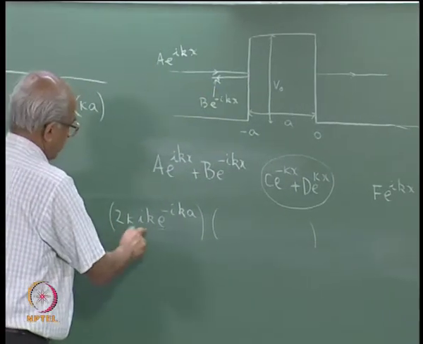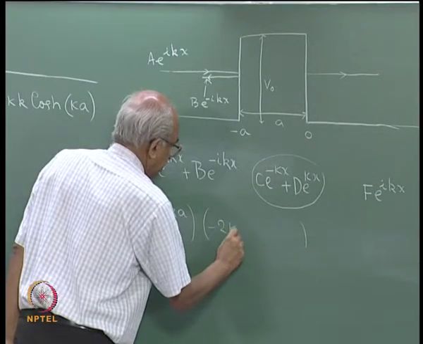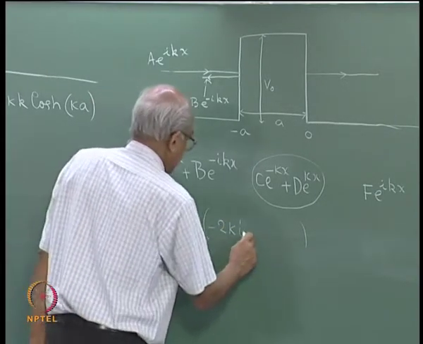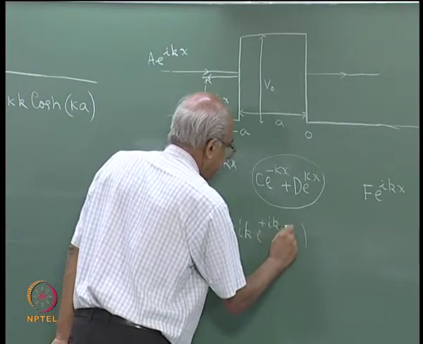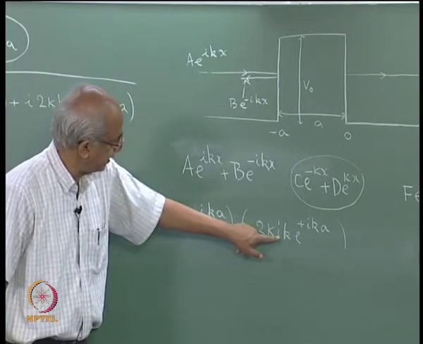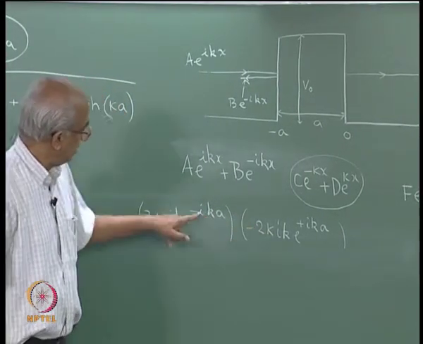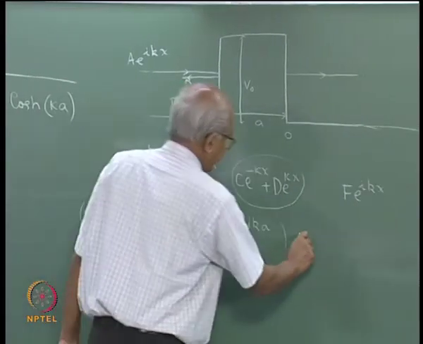So when you take the complex conjugate of this, you are going to get minus 2 kappa i k e to the power of plus ika. Notice what has happened, there was an i here and therefore I have put a minus i, and there was a minus i here that I have converted to plus i.